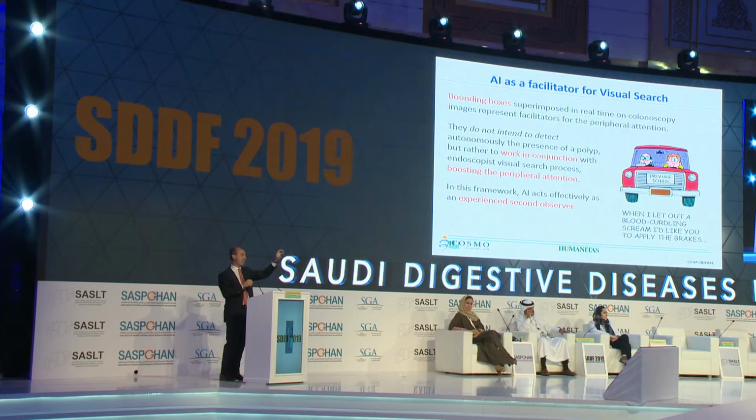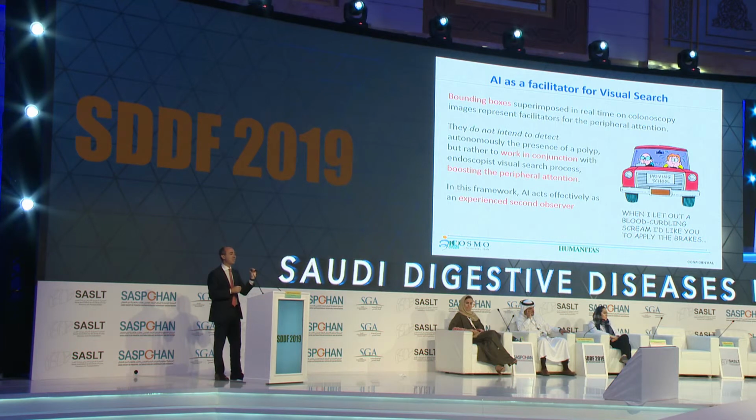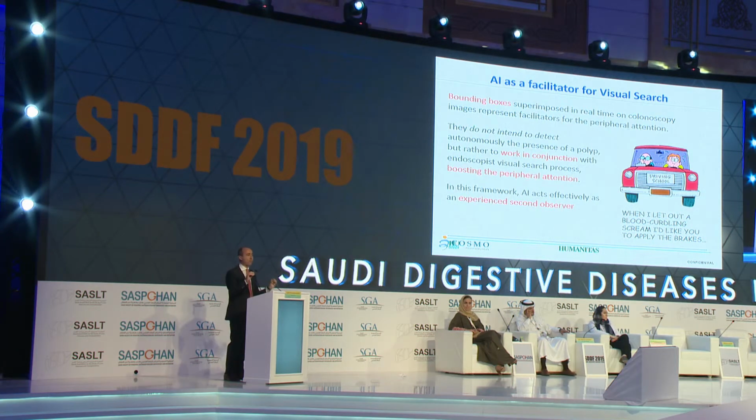It's like having a double prefrontal cortex, allowing you to go there because there may be a suspicion of a lesion. Of course, the final decision will be on behalf of the physician. So AI is not doing the colonoscopy. AI is increasing your mind's capability to identify the polyp, but the final decision will be up to us.